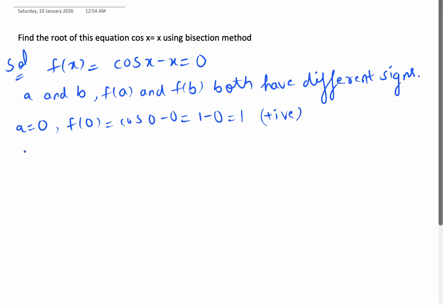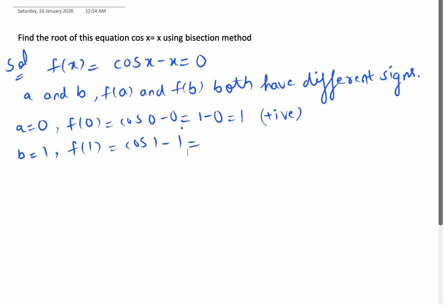Now I want some negative value. So if I take b equals 1, we need to find out f(1). Let's see, cos 1 minus 1. Now we can use the calculator here.